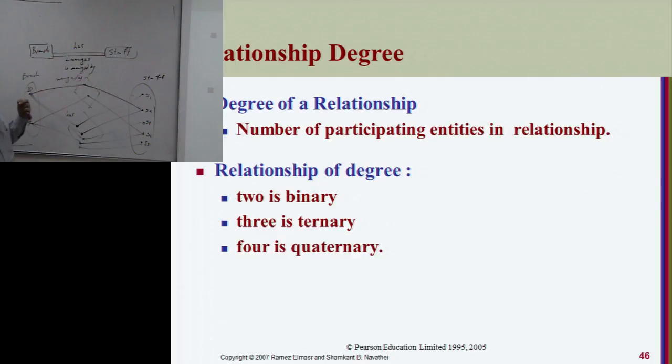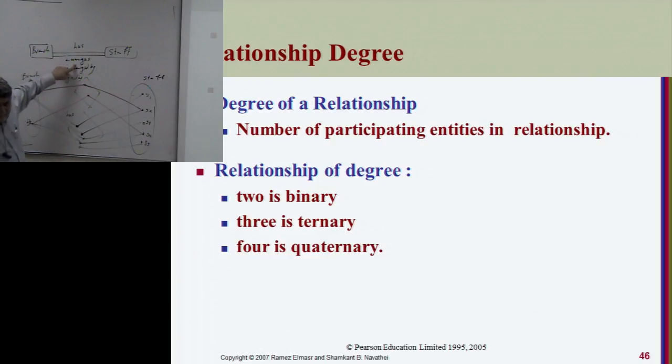Which means that these two entities are related with this single line, with this relationship. The degree of this relationship is called binary degree. The managed relationship is a binary degree.